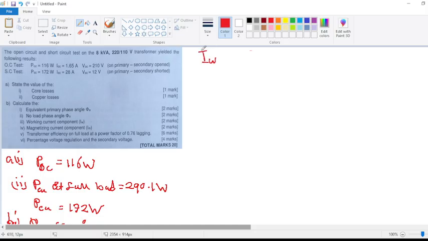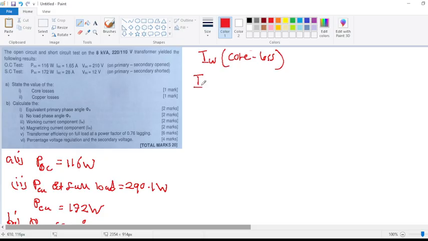These are the core losses. The working current component we're going to find deals with the core losses, which are an active component.